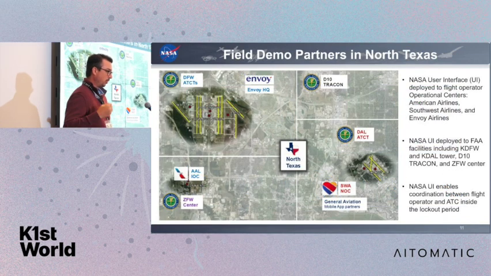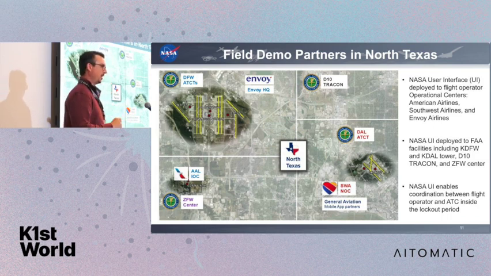So the really interesting thing here is that this system, this workflow that I described here, is not just something that we use to write papers. We built and deployed this operational system in North Texas. So here you're seeing our field demo partners in North Texas. We're running at American Airlines, Southwest Airlines, Envoy Airlines operational control centers.